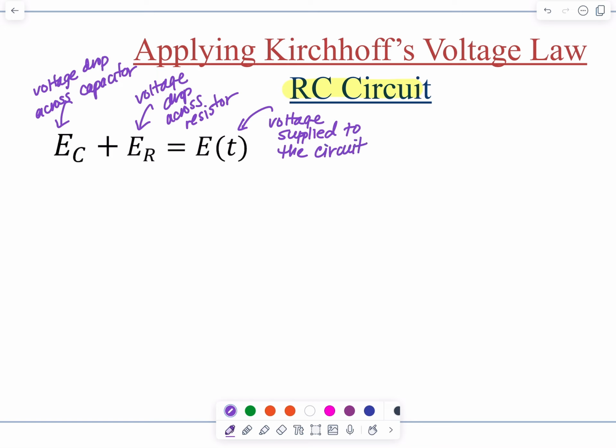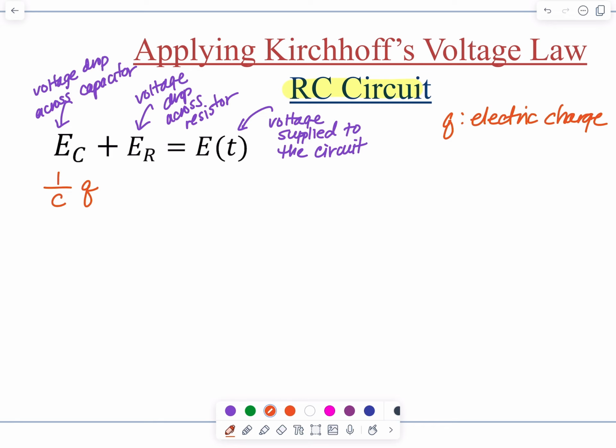Okay, so the first thing we want to look at is that E sub c is equal to 1 divided by c multiplied by q. And this is that the voltage drop across the capacitor is proportional to the electric charge Q on the capacitor. So that's that electric charge on that capacitor.